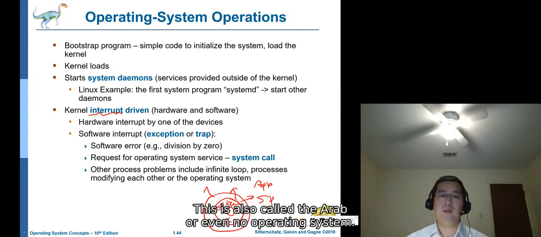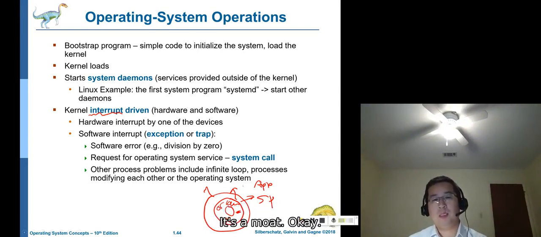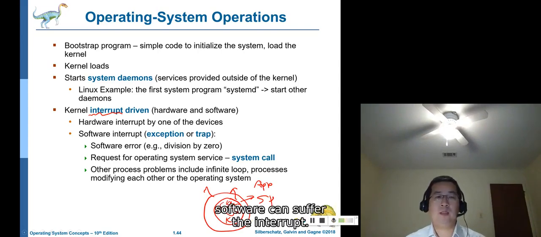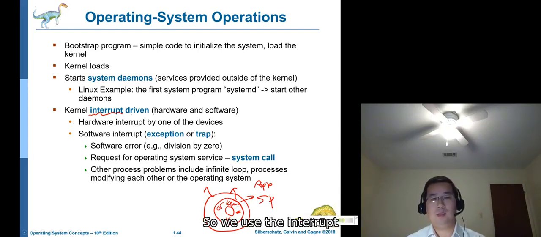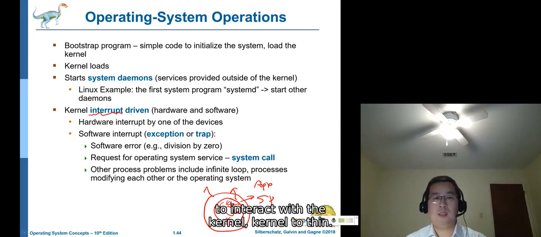This is also called an interrupt, or even the operating system mode. Okay, we'll give some examples later. This is about process communication. This is about process control. All of these things will involve a software interrupt. So we use interrupts to interact with the kernel, to let the kernel finish the task.